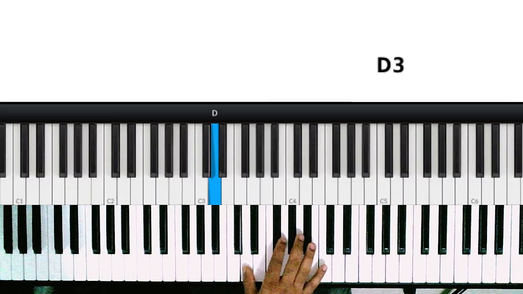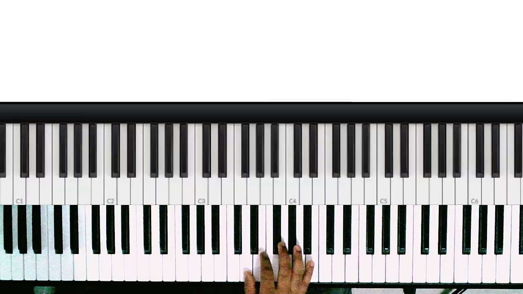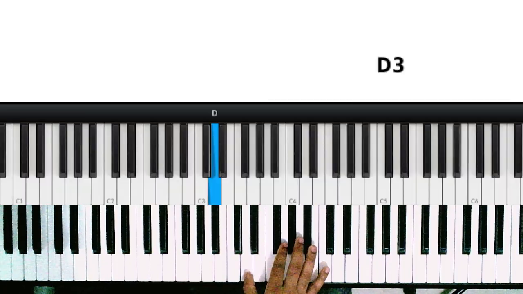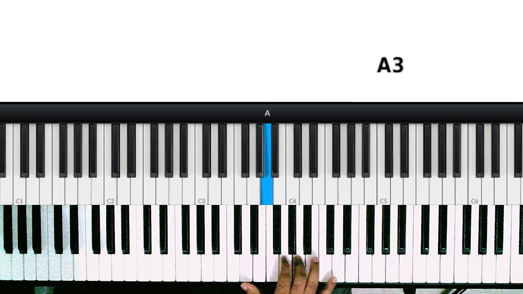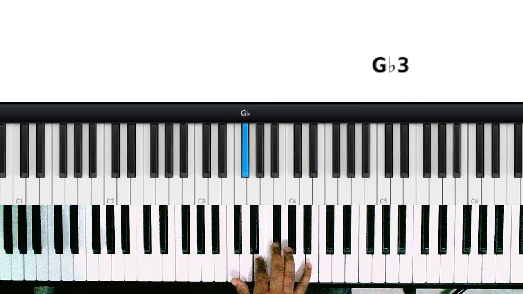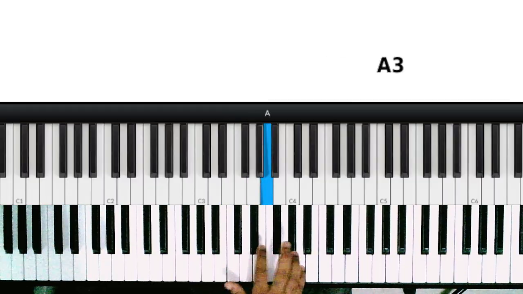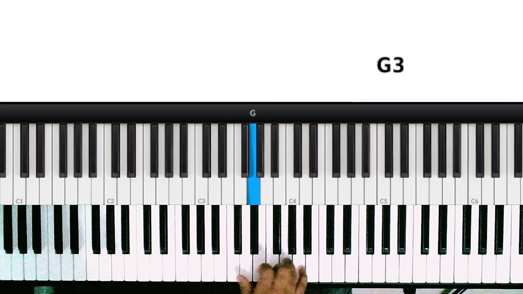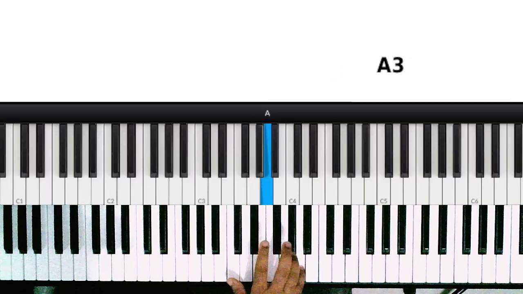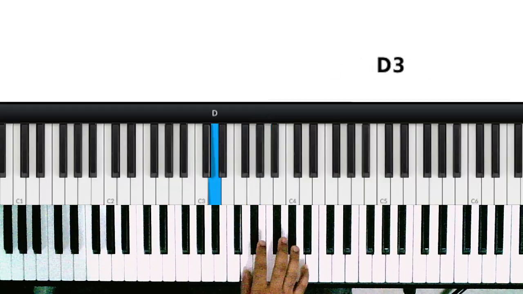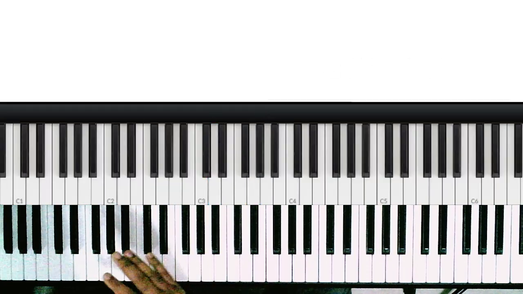Can you guess your 4 and 5? Your 1, 4, 5 will be D, G, A. 1, 2, 3, 4, 5. So G is our 4, A is our 5, D is our 1. So same pattern, different key.